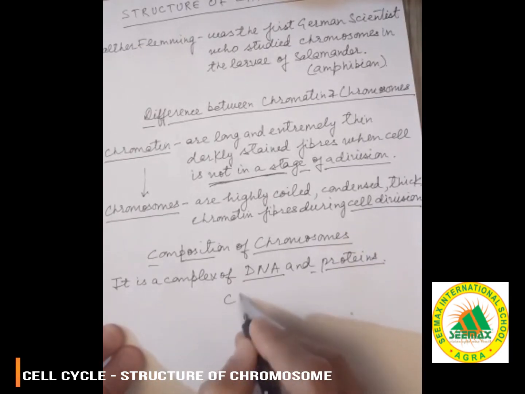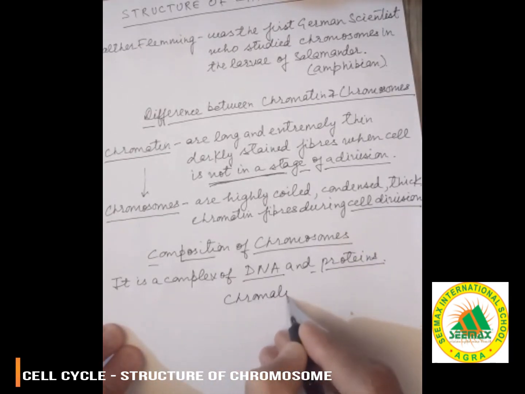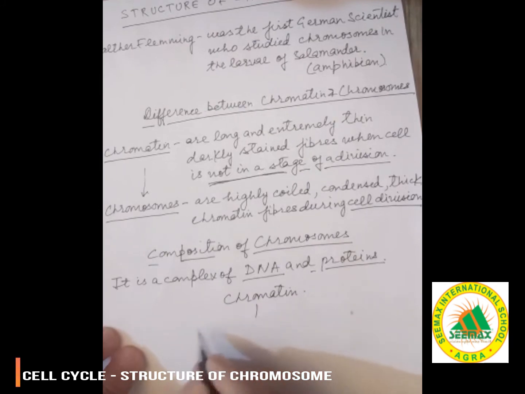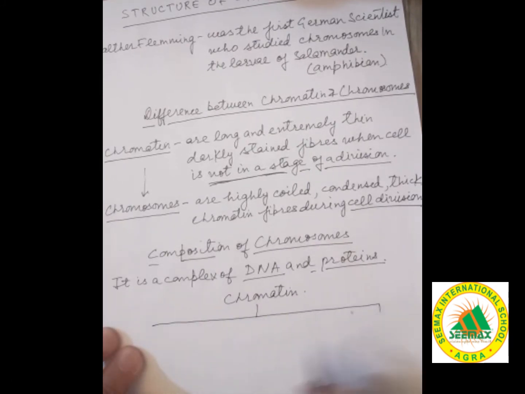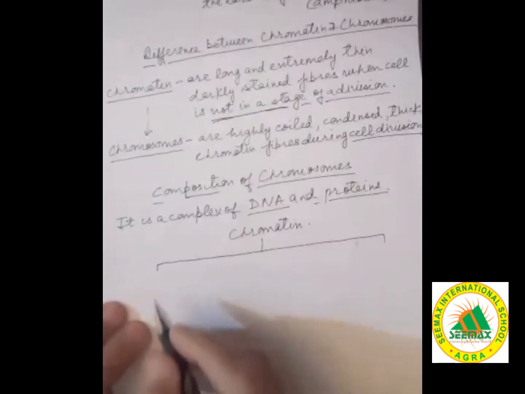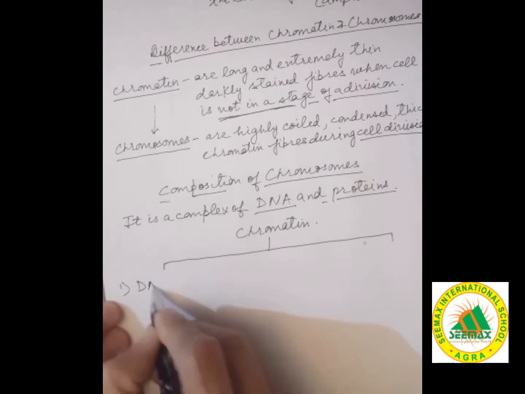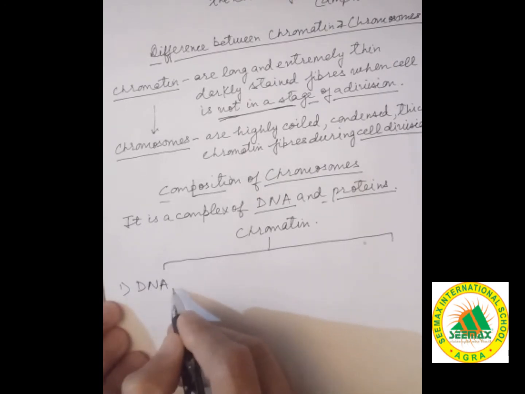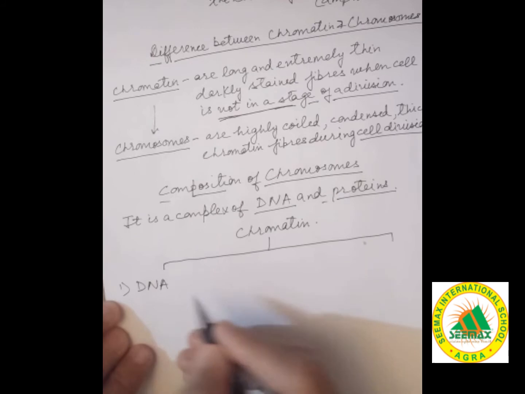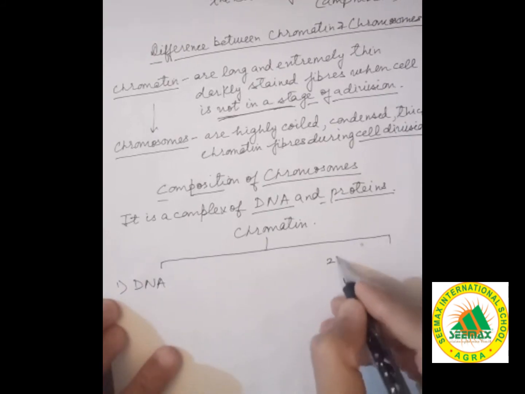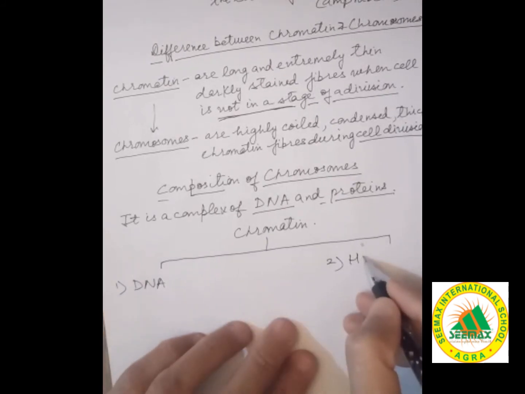Let us make a flow chart to explain clearly what this chromatin is made up of. First one is the DNA. Full form you already know, deoxyribonucleic acid. And the second one is histones.